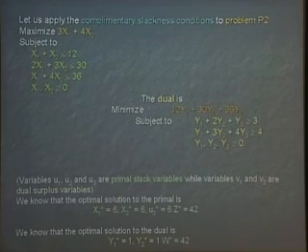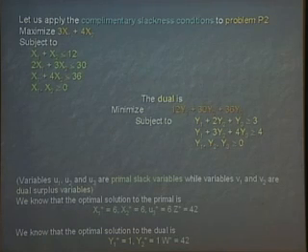Now for this problem, the optimal solution to the primal is x1 star equal to 6, x2 star equal to 6, u3 star equal to 6. If you remember, x5 was 6, x5 is u3, z equal to 42. The dual solution would be y1 star equal to 1, y2 star equal to 1, w equal to 42.